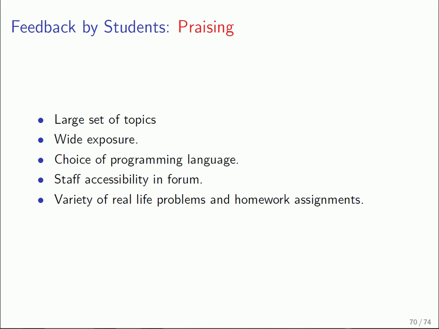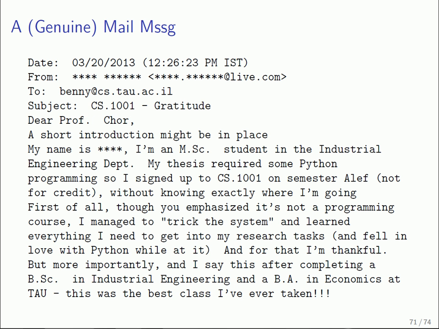Many of them were happy about the course, about the wide exposure, the choice of programming language, and so on. Now I'll show off a bit. I got this mail from a student, in March, when I was in New Zealand on sabbatical. He infiltrated the course somehow, he wanted to learn Python, even though he was a student of industrial engineering and economics or something like that, and he said this was the best class he had ever taken in the university.